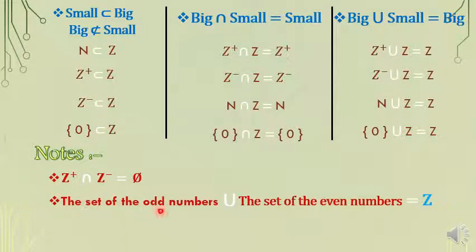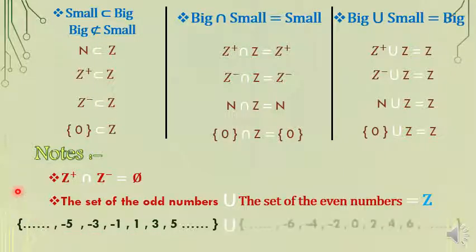The set of the odd numbers union the set of the even numbers equals Z. Set of odd numbers are 1, 3, 5, and also we have -1, -3, -5. Union set of even numbers 0, 2, 4, 6, and also we have -2, -4, -6. If I put these two sets together, they will give me Z.